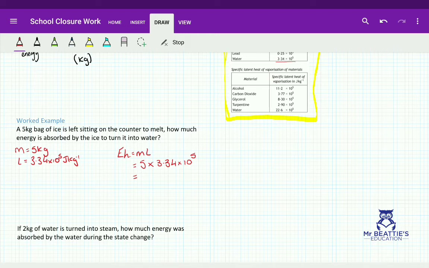So 5 times 3.34 times 10 to the 5 is 1.67 times 10 to the 6. And energy is measured in joules. So put our answer on, we double underline it.